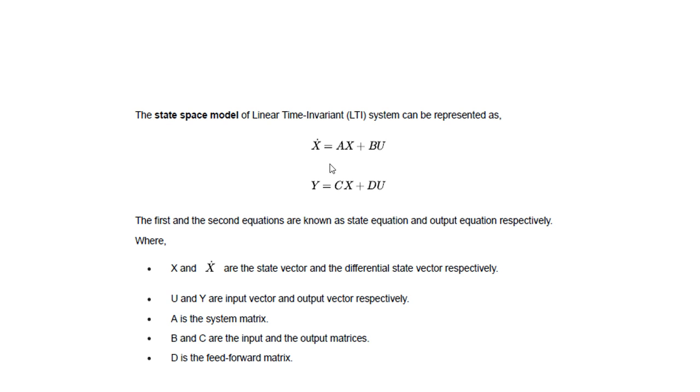So this is the state equation, x dot = Ax + Bu, and the output equation is denoted by y, which is equal to Cx + Du. And I think you are aware of A, B, C and D. So let's see what these are. x and x dot are the state vector and the differential state vector respectively. x is generally denoted as the state vector, and x dot is the differential state vector.